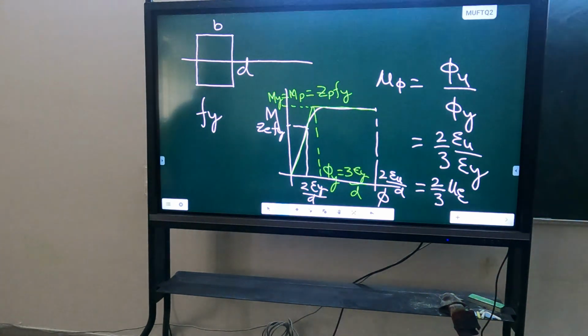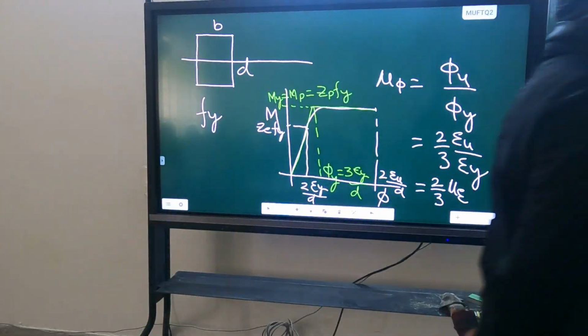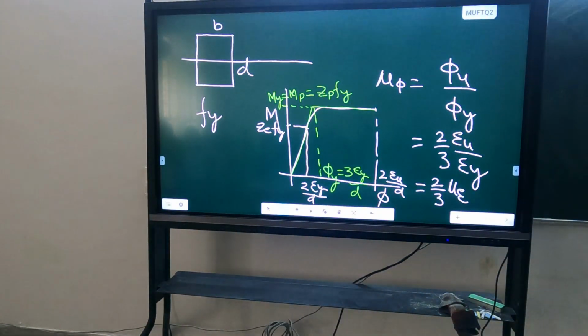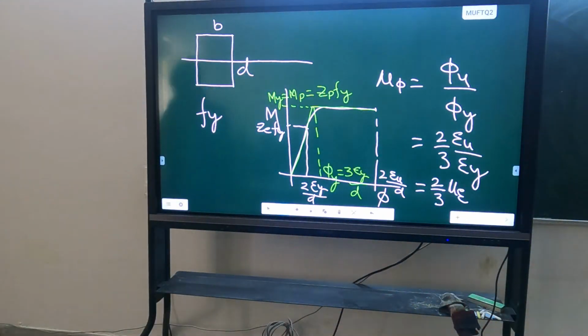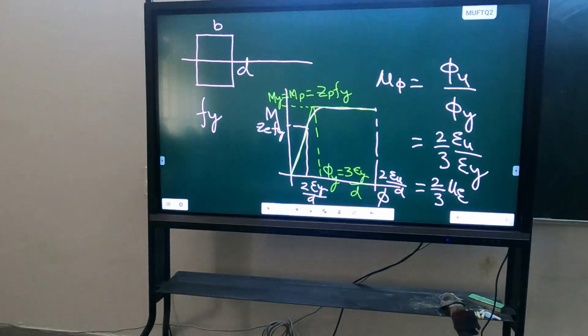Then I told you to think about the effect of axial force. If we apply axial force also, what effect it will have on the moment curvature curve and then on ductility, curvature ductility.